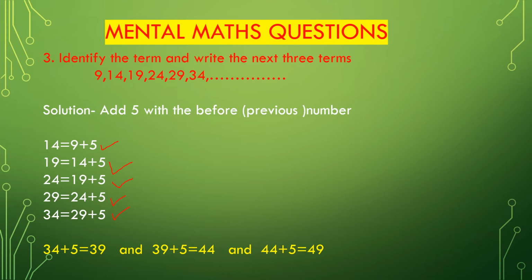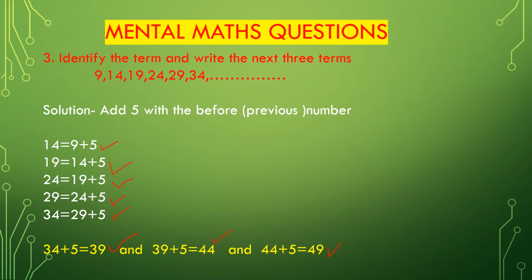Then the next three numbers will be, 34 is the last number. 34 plus 5 we get 39. Then 39 plus 5 we get 44. Then 44 plus 5 equals 49.